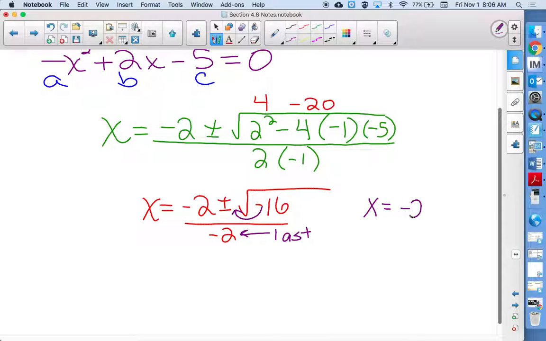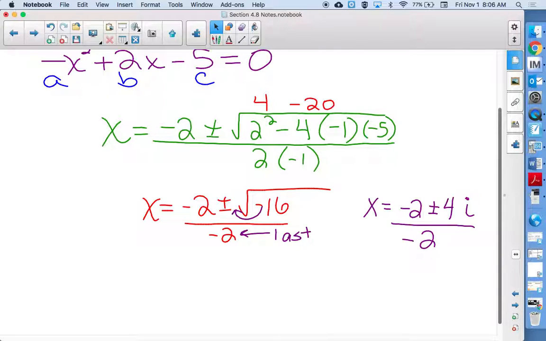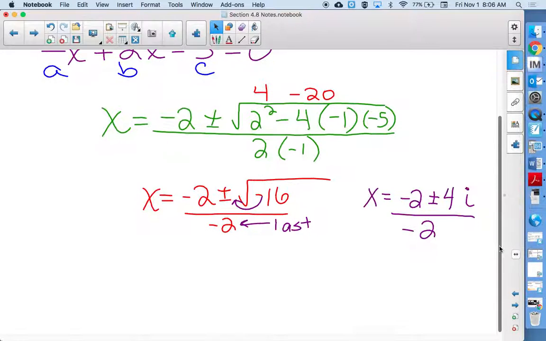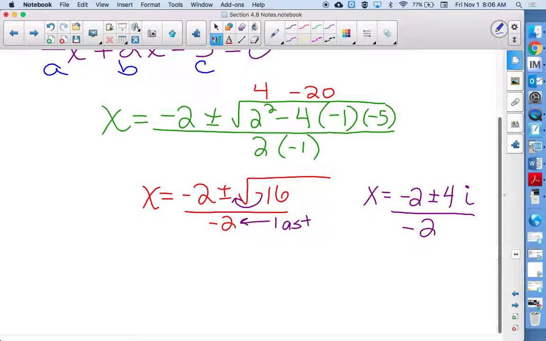So I have a negative 2, I have a plus or minus, I know I'm going to have an imaginary number. Ava, what are we going to have in front of that imaginary? A 4. And then we're dividing by negative 2. So the whole fraction is being divided by negative 2. Really, this means that the fraction is negative 2 divided by negative 2.